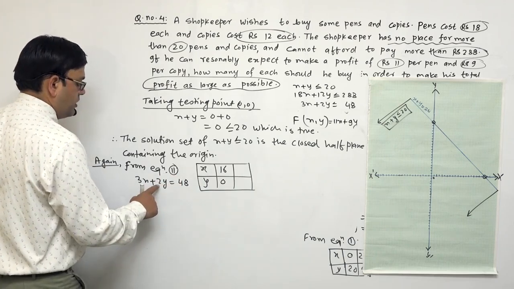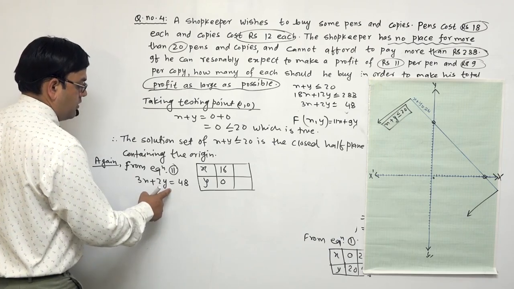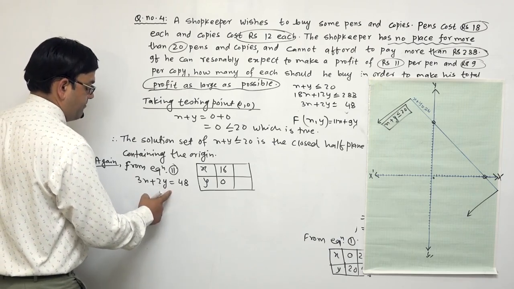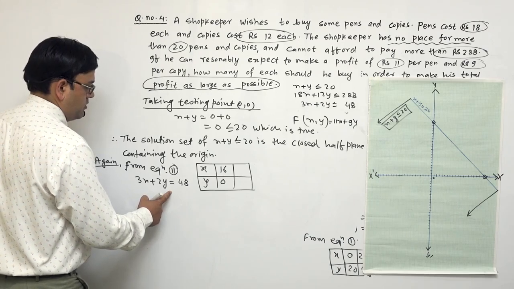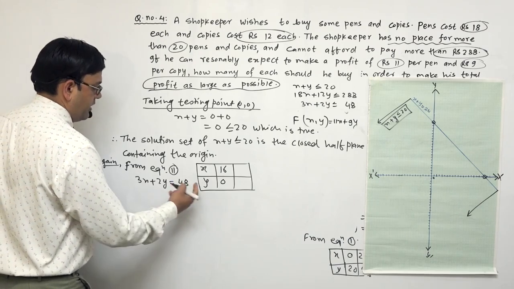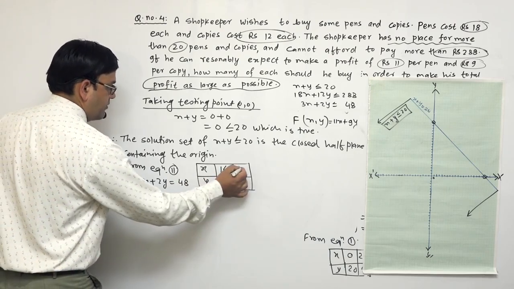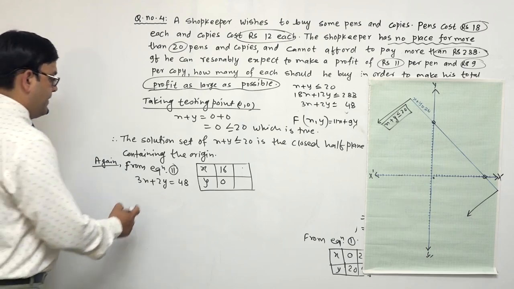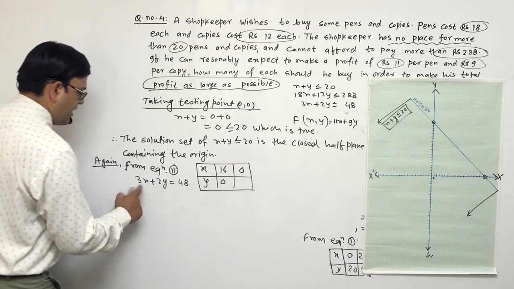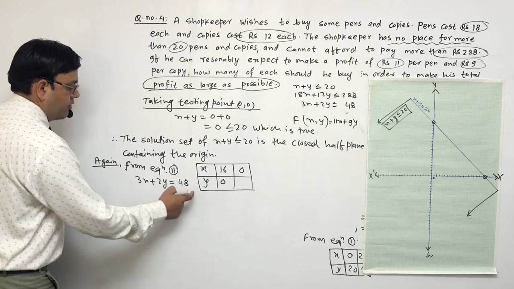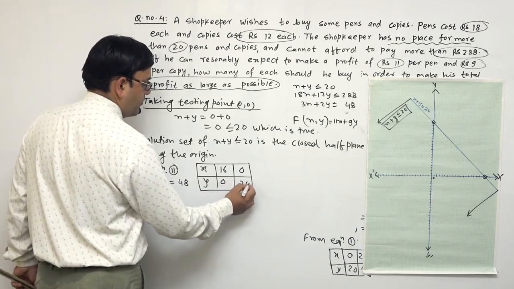And if we put x is equal to 0, then 3 times 0 is 0, so 2y is equal to 48, y is equal to 24.